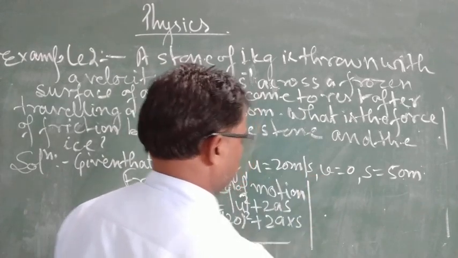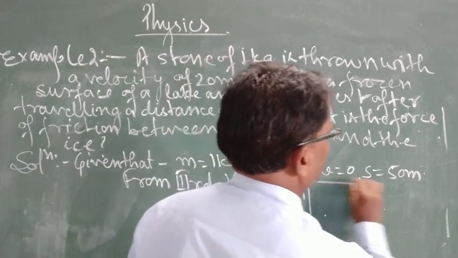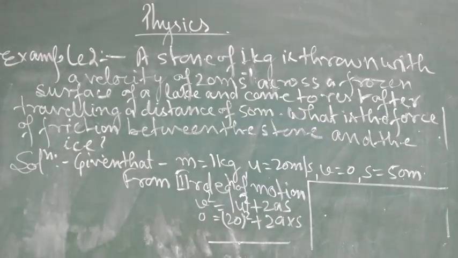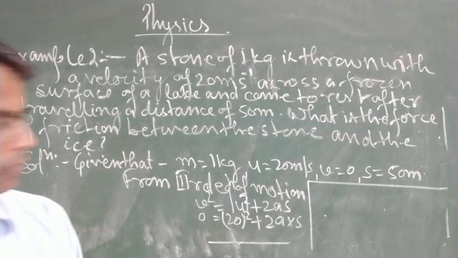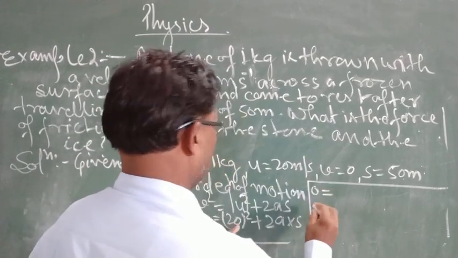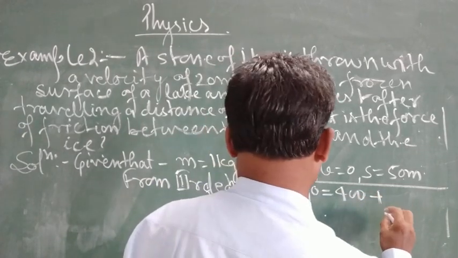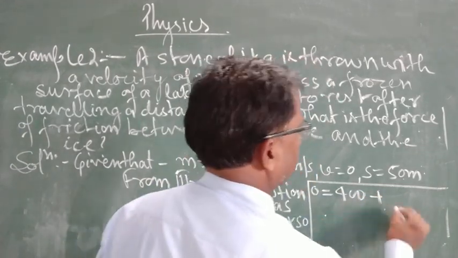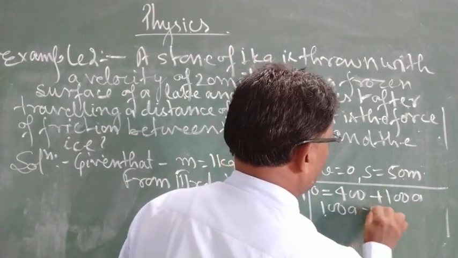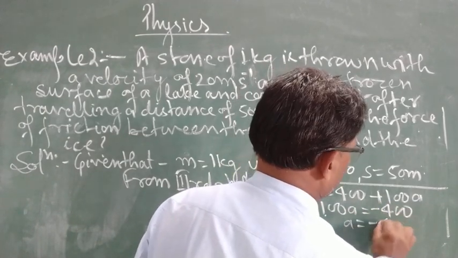Now you cannot see just down here, so I will write it here. You see, 0 is equal to 400 plus 100a. 100a is equal to minus 400, then a is equal to minus 4.